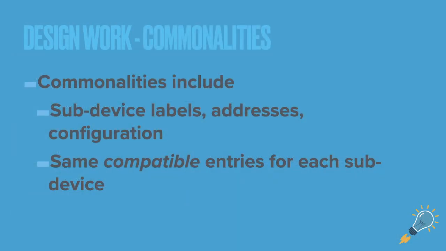So we'll talk about the commonalities. The things that should look the same are the sub-device labels. So we're talking about the temperature sensor, the VOC sensor, and the HPMA, the PM 2.5 sensor.